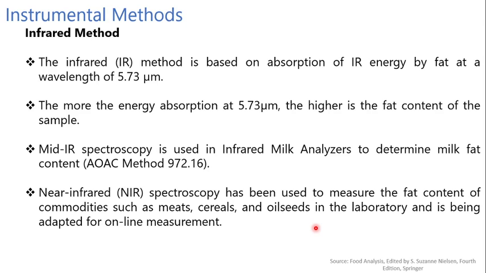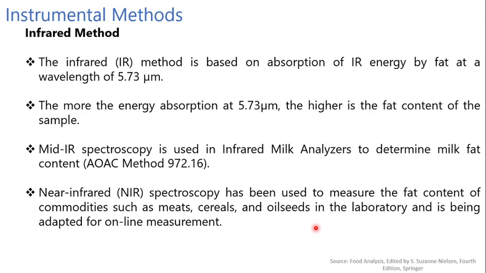The first one is the infrared method. The infrared method is based on the absorption of IR energy by fat at a wavelength of 5.73 micrometer. The principle of IR is that when IR radiation is irradiated on the sample, there are functional groups, which are nothing but atoms or groups of atoms that show some characteristic feature.